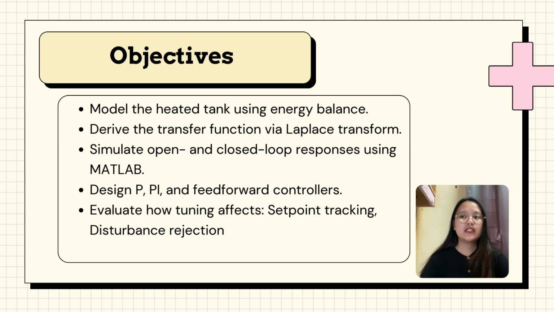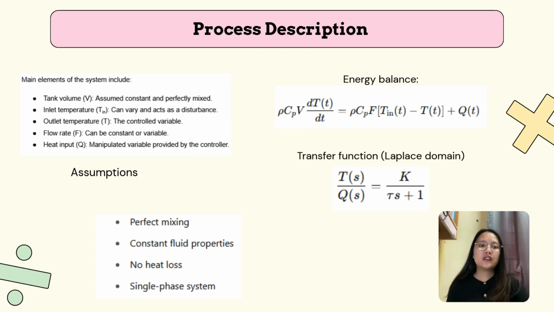And lastly, to design controllers including P, PI, and feed-forward strategies to improve its performance. Ultimately, we aim to understand how controller tuning affects system behavior, especially in terms of maintaining the set points and rejecting disturbance. Now let's look at how the heated tank system works and how we model it.